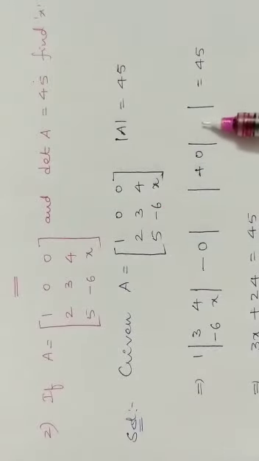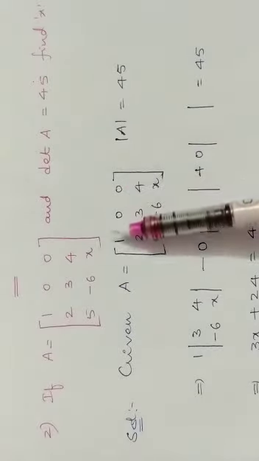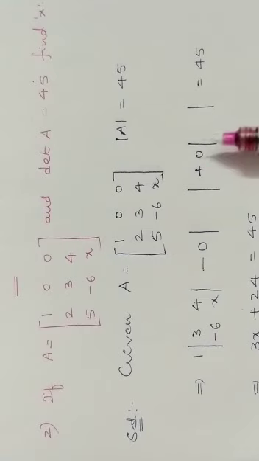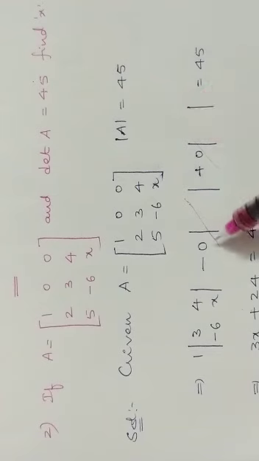into the det of the 2 by 2 matrix in which the element is present. Since this is 0, if you multiply the number here, you get again 0. So I am not simplifying these two, because these two are zeros.